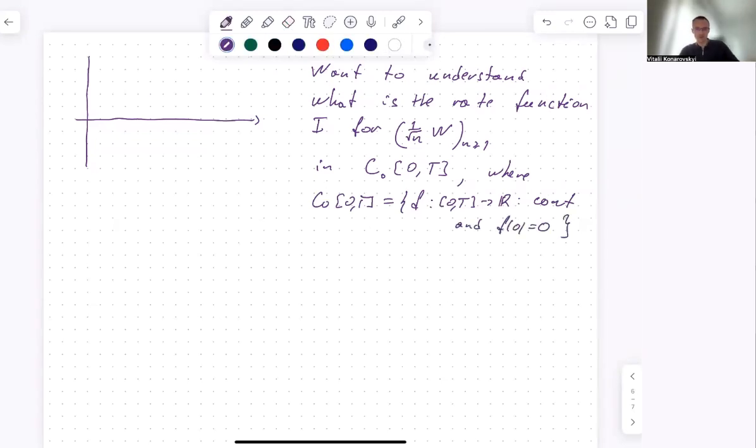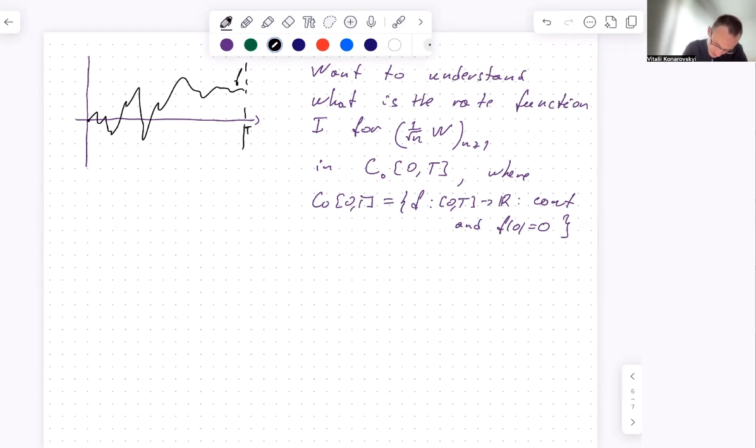So the space of continuous functions started from 0. Okay, let's take a function f up to time t.